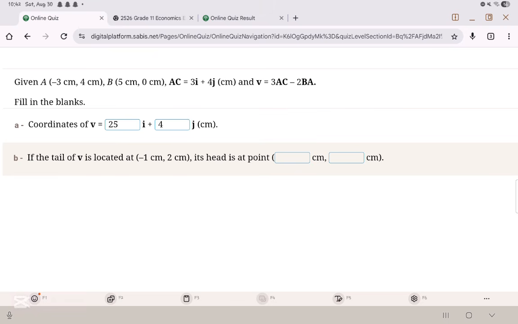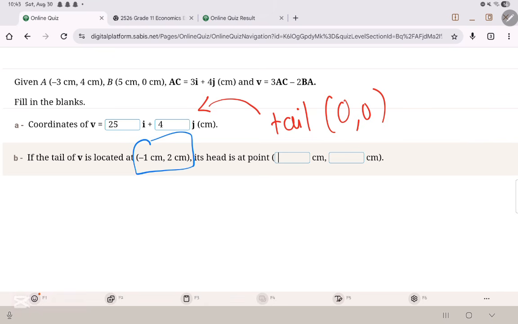Now, very important question. When we're dealing with these, we always assume that the initial point, or the tail, is located at 0, 0. They're asking us, what if the tail is located at -1 centimeter, 2 centimeter? So what happened to the tail? How much did it move? It went -1 from the x and +2 from the y.